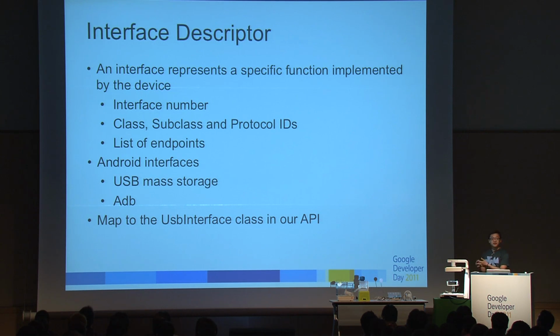Another example of an interface, which all you developers always use to do debugging, is the ADB interface. So again, all this interface information is mapped to a special class called USBInterface in the API.